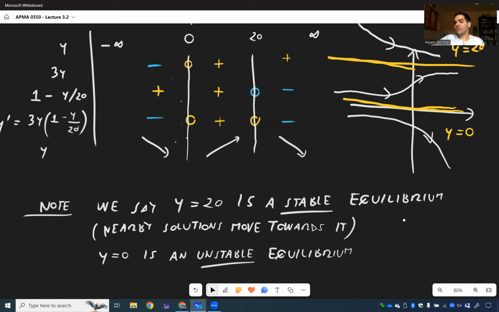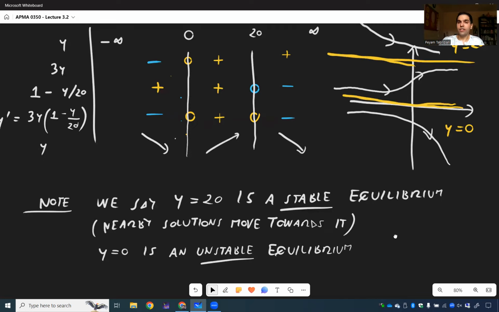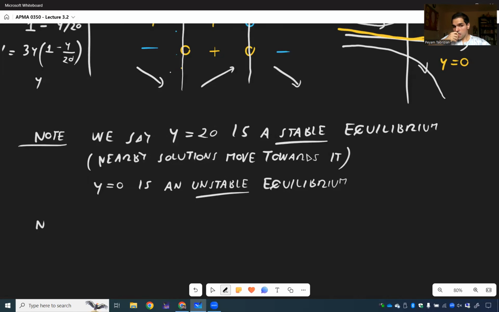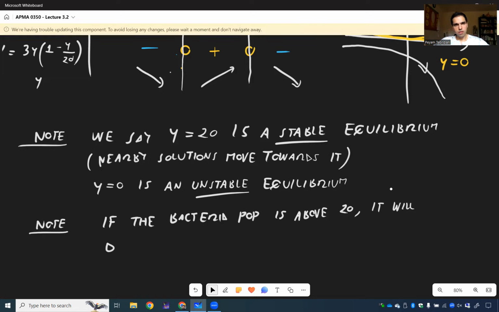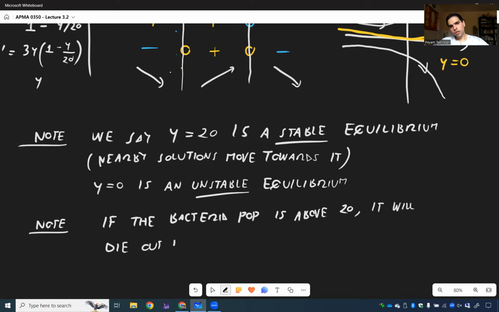And I'll show you a direction field very soon, but again, the interpretation is if the bacteria population is above 20, it will die out due to limiting resources until it reaches 20.